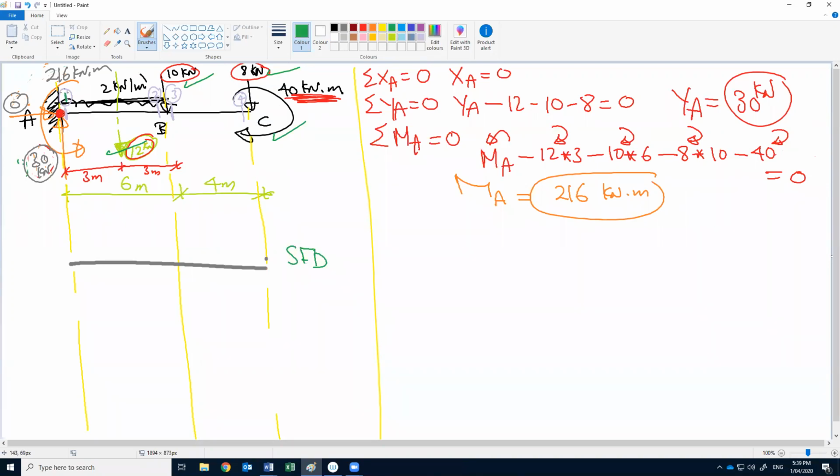If we start with section 1, what is causing shear at 1? The reaction force 30, right? And upward, so we go upward 30 kilonewton. From 1 to 2, what do we have?